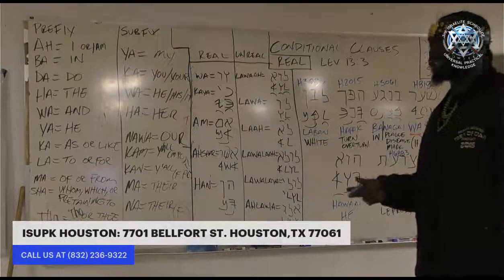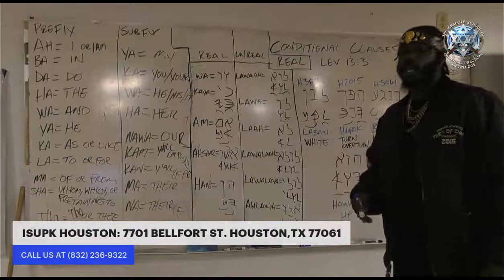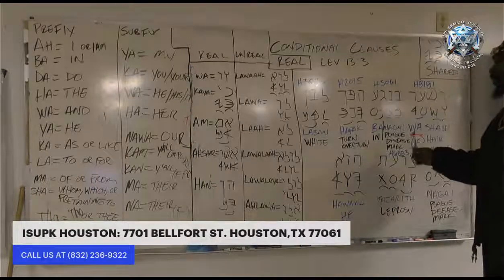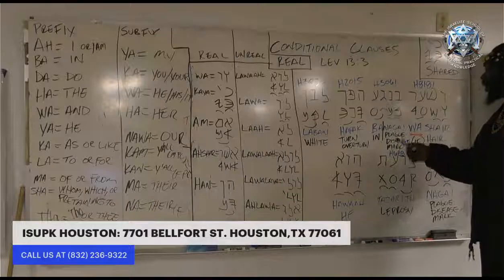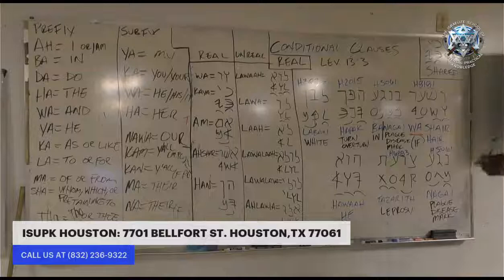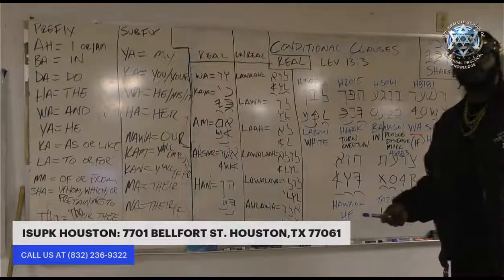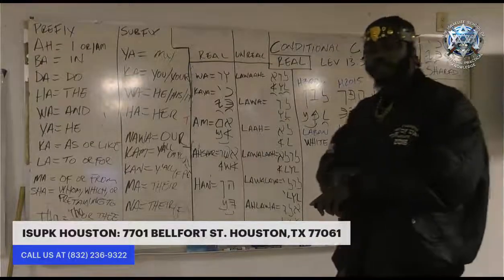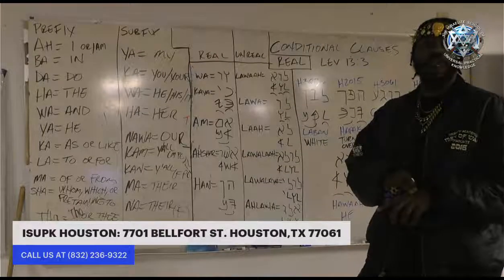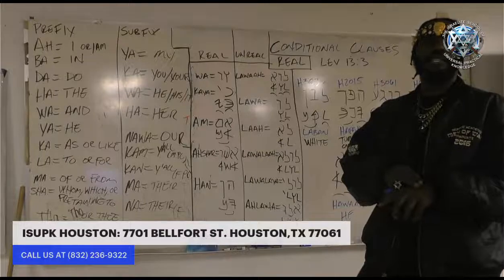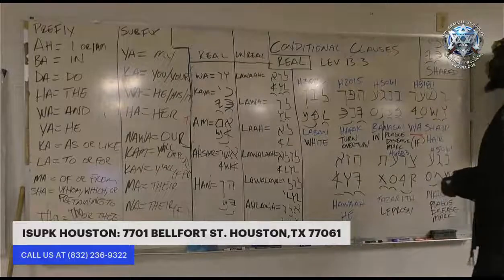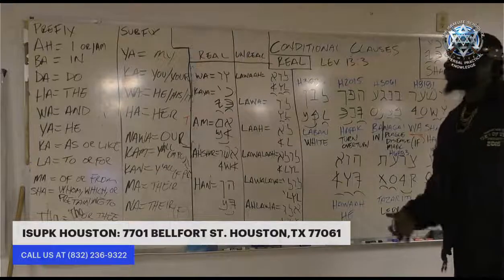So the definite possible statement is if, all right, the portion or mark of the skin turns white, all right, he has a plague of leprosy, right? So if you have a sore and the sore doesn't heal and it turns white, you are leprous. All right. So that is a real condition.